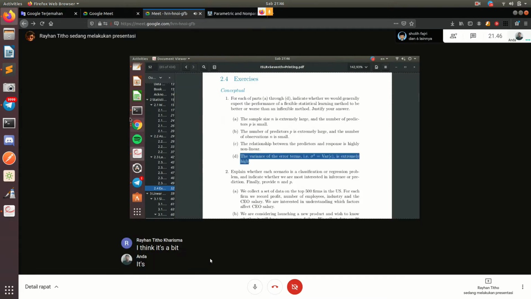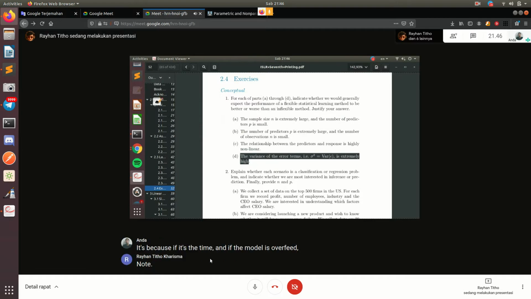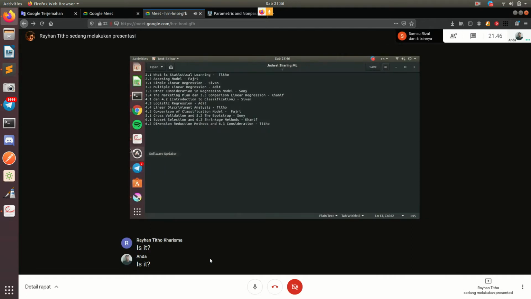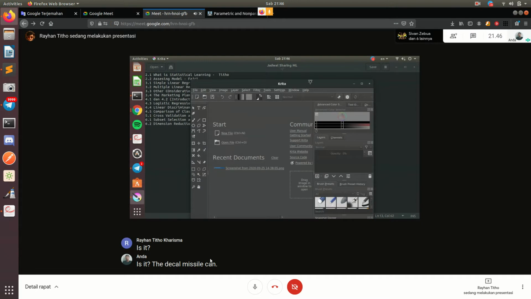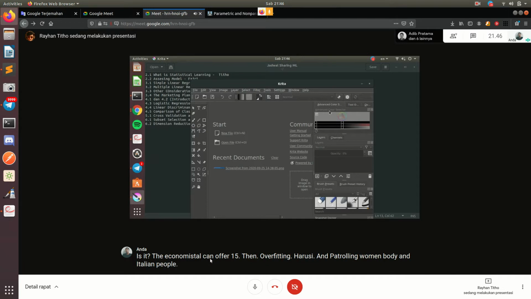I think it's the train data, because if the model overfits, the variance on the training data should be low, unless the error variance is high in the test data, and then maybe it really is overfitting.